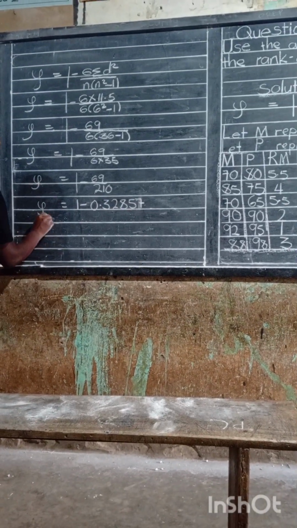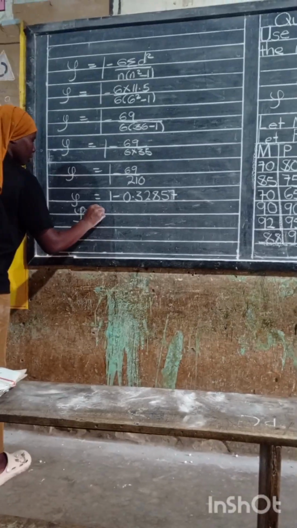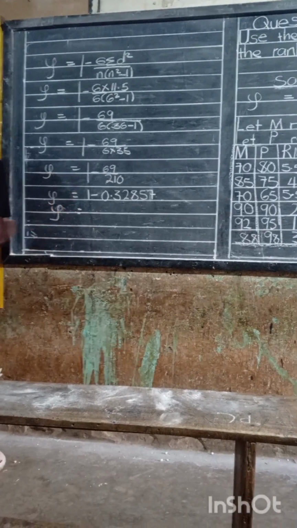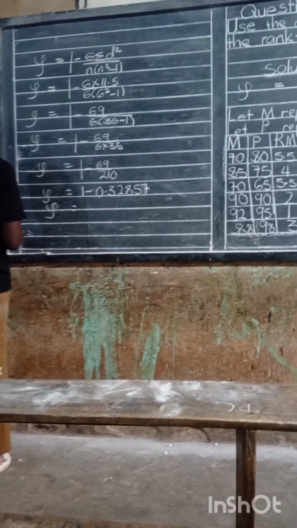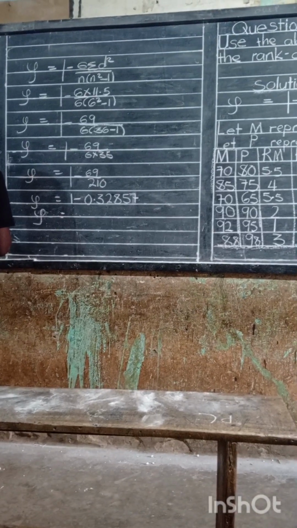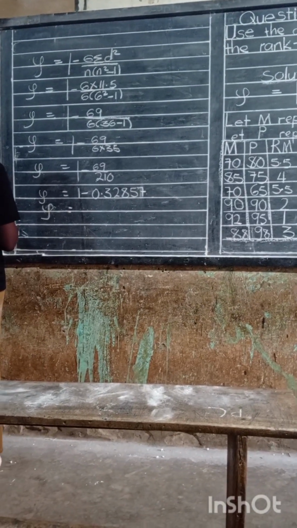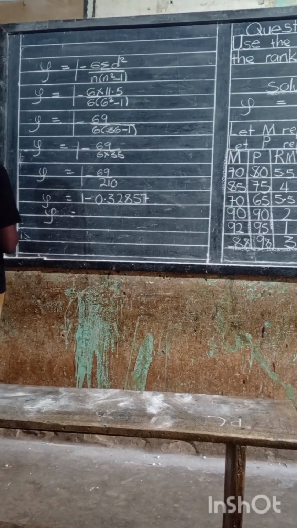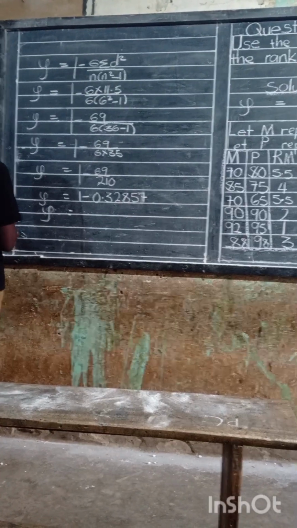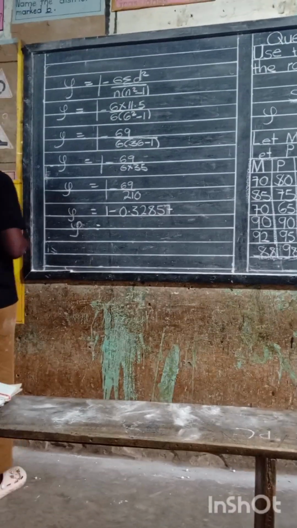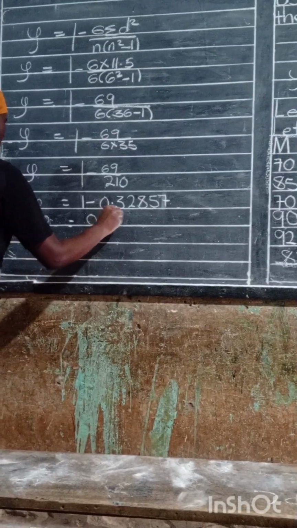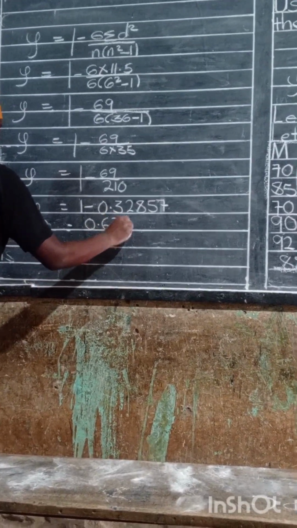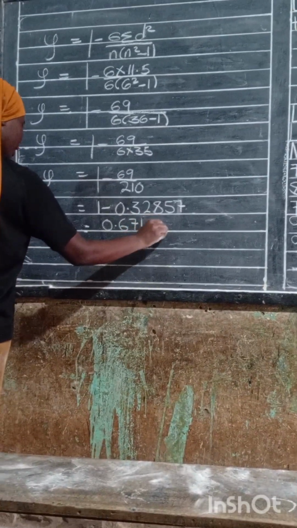So Spearman's is equal to, when I get 1 and I subtract the answer from it, 1 minus 0.32857 is equal to 0.67143.